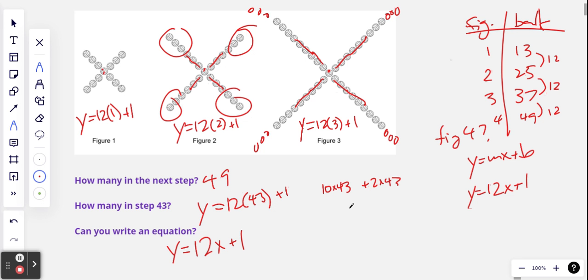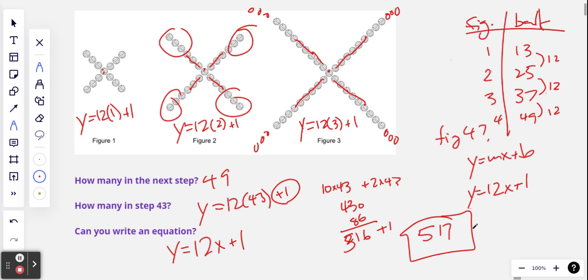So I can do that. And 10 times 43 is easy. That's 430. And 2 times 43 is 86. So that is 516. And then we still have our plus 1, so add that 1 there, and we're going to get 517 soccer balls in figure 43.